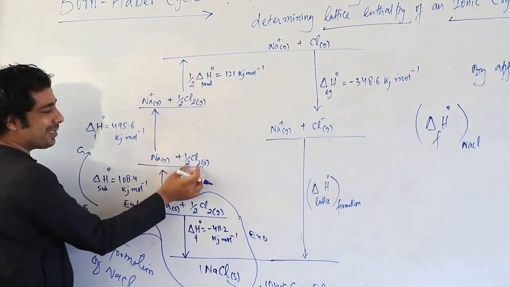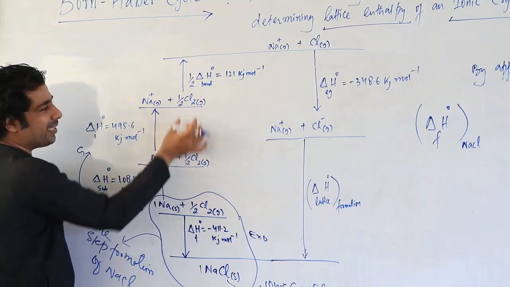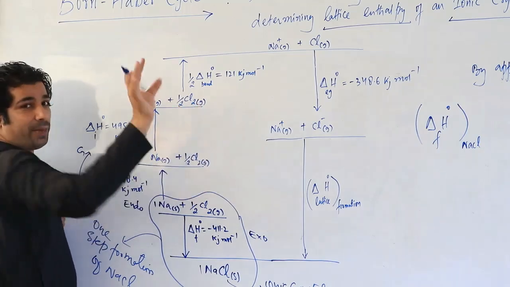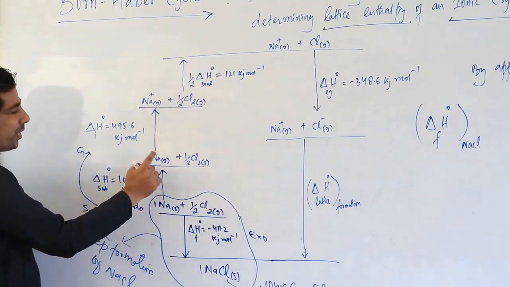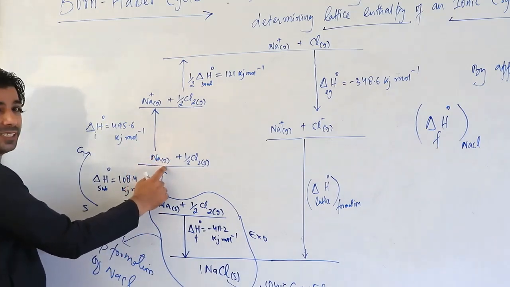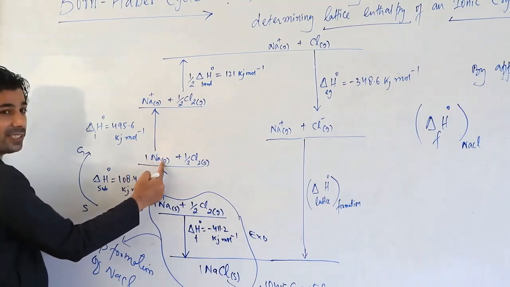Yes? After that, let's have a look. Now, let us keep this chlorine same. Half of Cl2 gas and here also half of Cl2 gas. I am not touching the chlorine. I am keeping it same, my dear friends. But again, I am targeting the sodium. Look here, the sodium is in the gaseous state. Yes? And how many moles? 1 mole of sodium is in gaseous state.